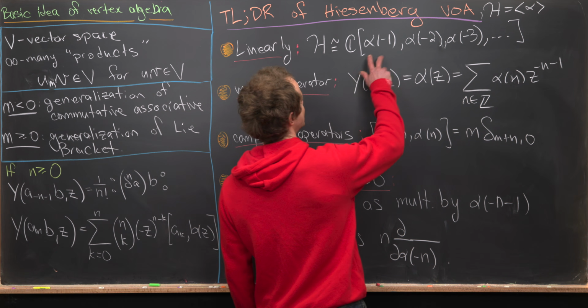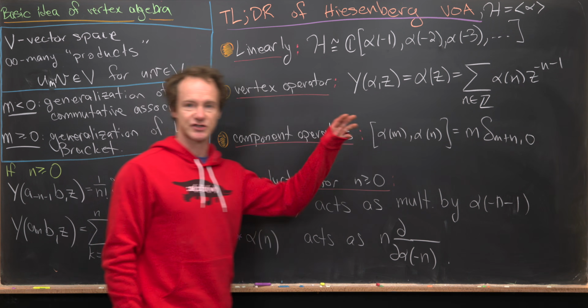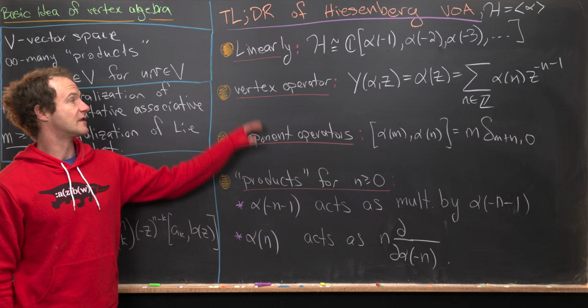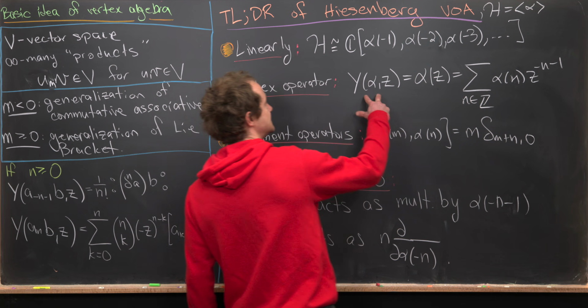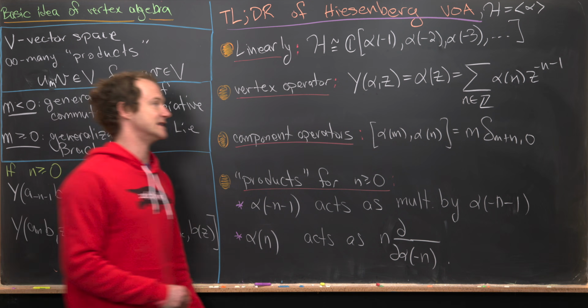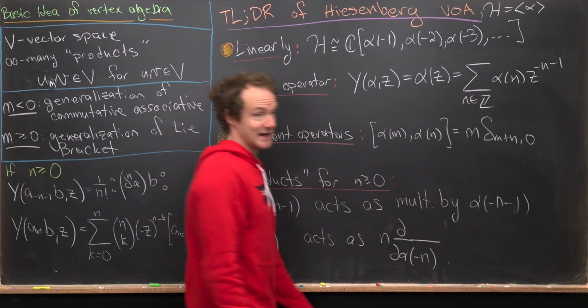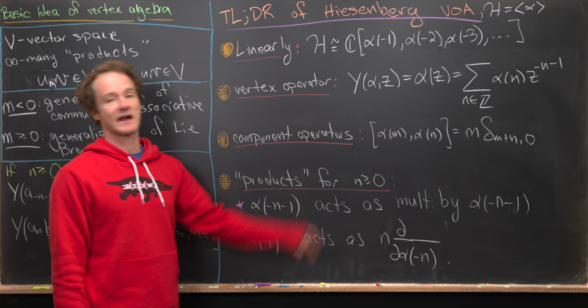And we could call those infinitely many variables alpha minus 1, alpha minus 2, alpha minus 3, and so on and so forth. The vertex operator for our generator is denoted by alpha of z or Y(alpha, z), and that's going to be the sum over all n in Z of alpha n z to the minus n minus 1. The component operators commute like this.